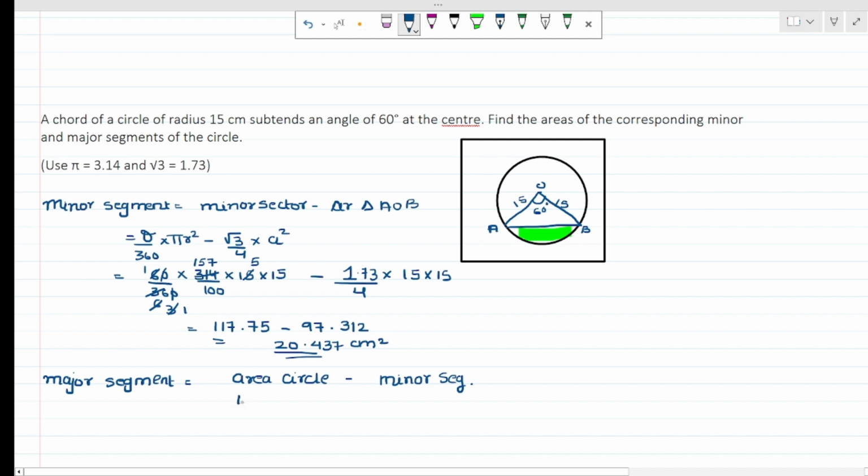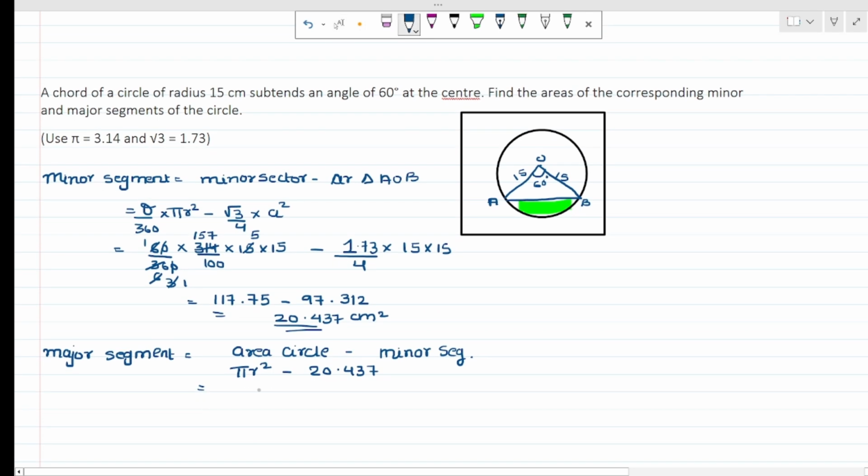What is my area of circle's formula? Pi r square minus my minor segment's answer. It's 20.437. So for pi you will write down 314 upon 100 multiplied by 15 multiplied by 15 minus 20.437.